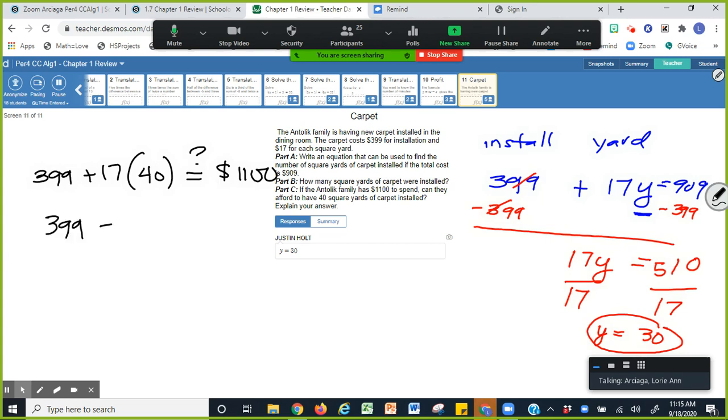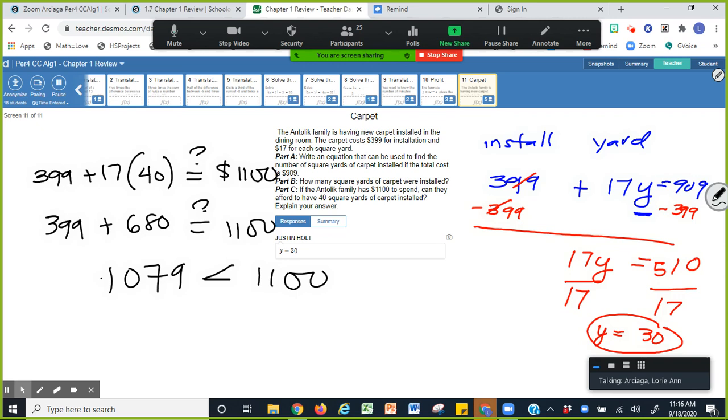So 399 plus 680. Will that be greater than or smaller than 1,100? That will cost 1079. So it's less than 1,100. Okay, so that means they would have enough budget to install it, right?